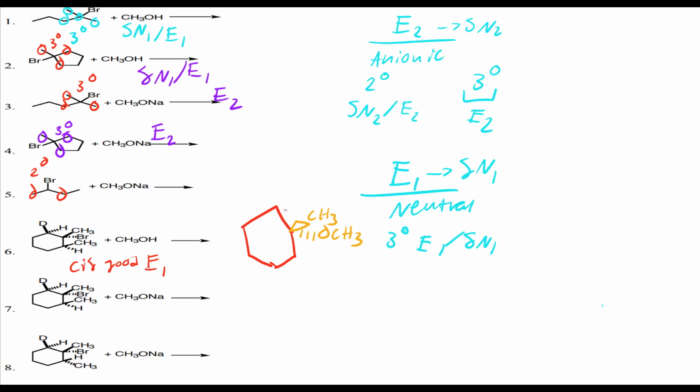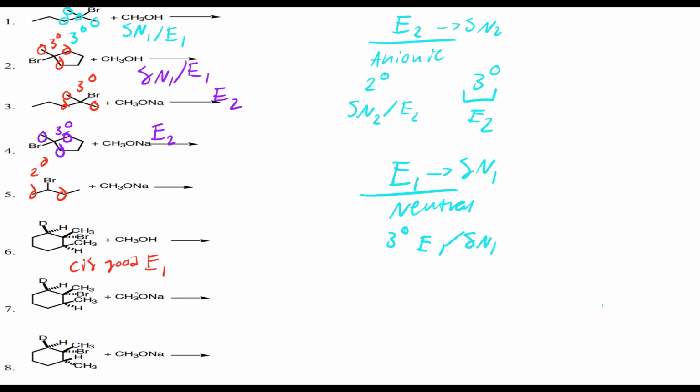So that's going to be like an SN1 reaction. It doesn't matter about cis or anything, right? So that doesn't matter. But for E1, it does matter, okay? And I'll show you in the upcoming examples.